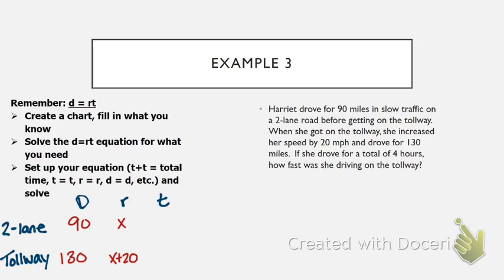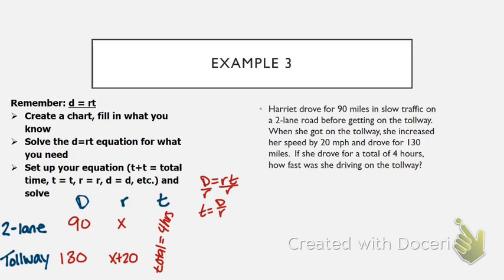Time, it says she drove for a total of 4 hours. So she's got a long commute. Just like the last ones, we've done this 3 times now, T is really the most important. So T equals distance divided by rate.